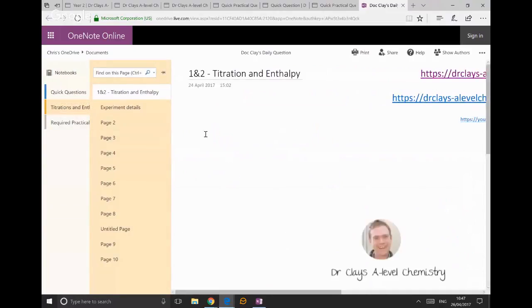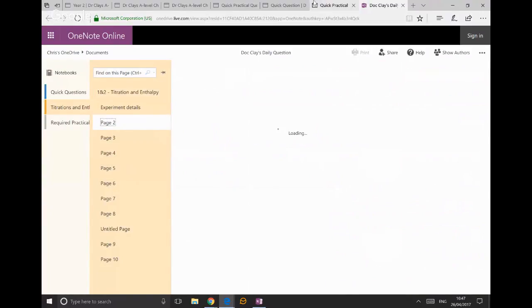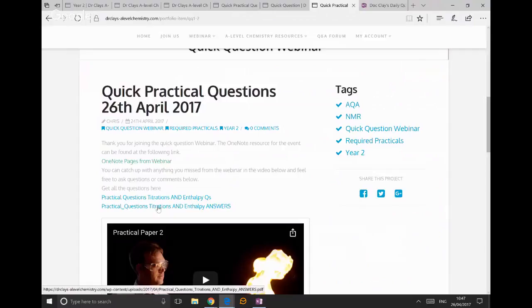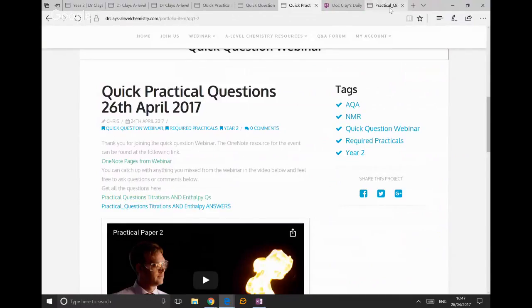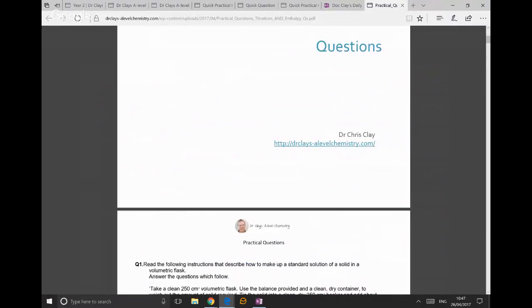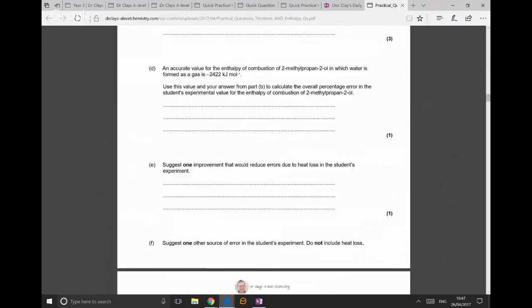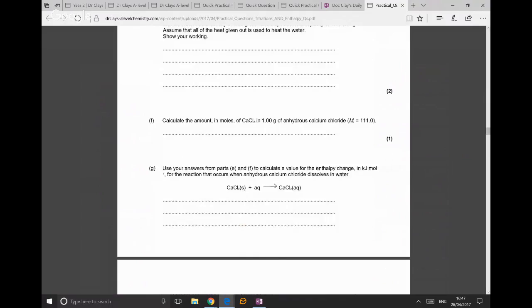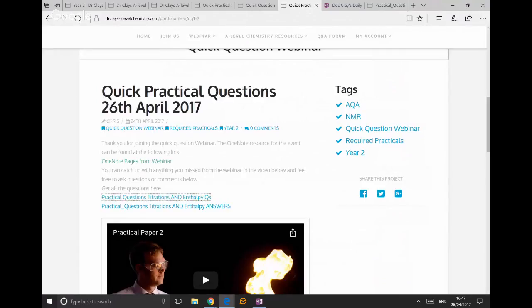All of the equations will be there that we've been looking at through the sessions. If you're a member, you'll also get access to the titrations and enthalpy questions. Heaps more questions here, so you can see plenty more to be practicing. If you want to work on any more of those titrations and enthalpies, and as well to go with those, you'll also find the answers.